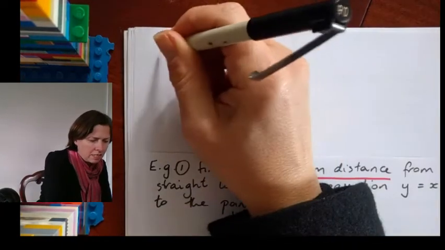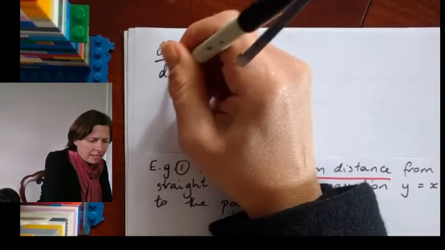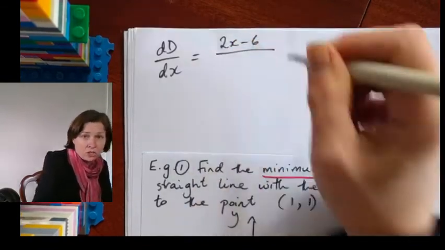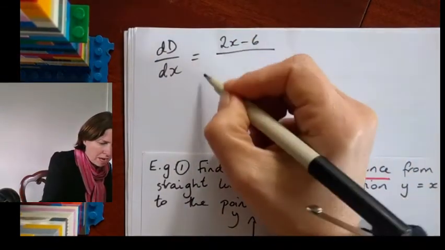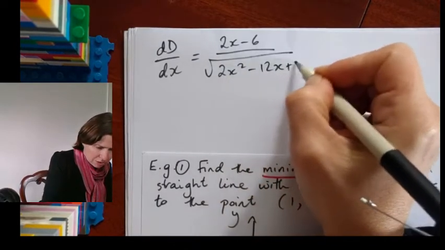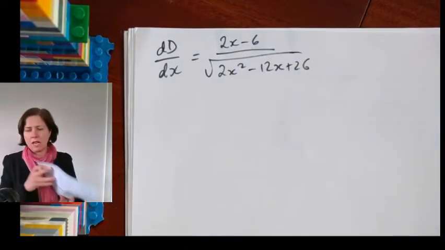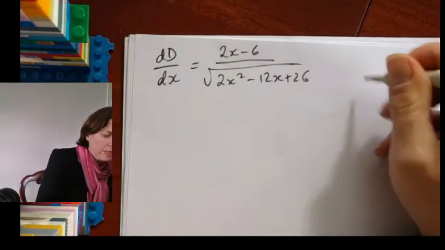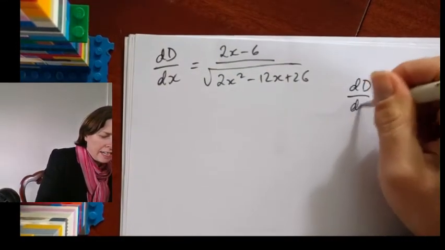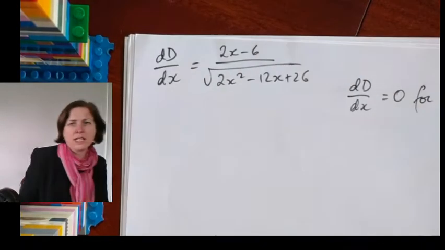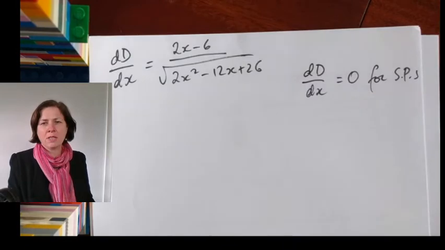So I've got dD/dx equals 2x minus 6 over the square root of 2x squared minus 12x plus 26. I'm just transcribing onto my fresh sheet of paper. So I need this to equal 0. dD/dx equals 0 for stationary points. I'm always going to jot that down as part of my working.